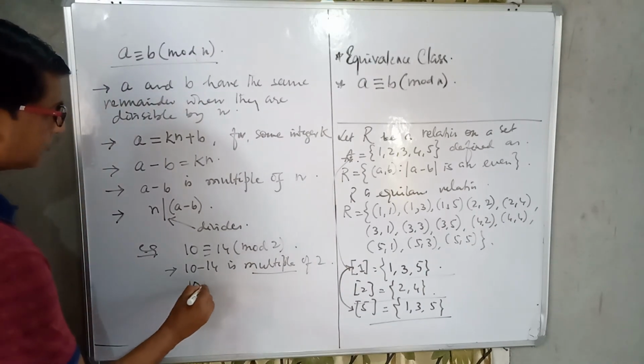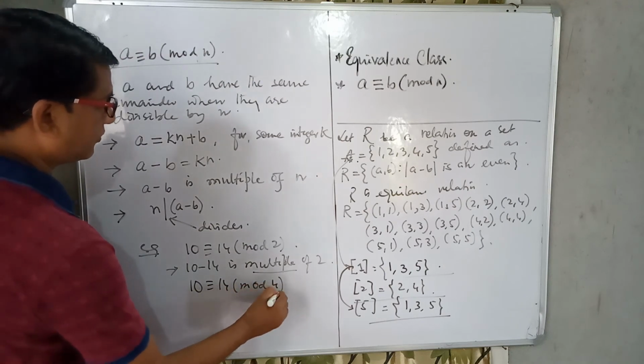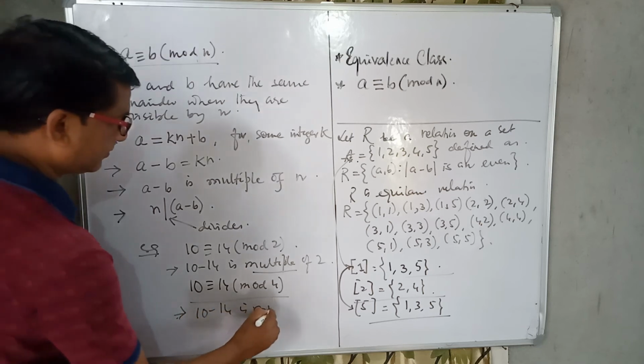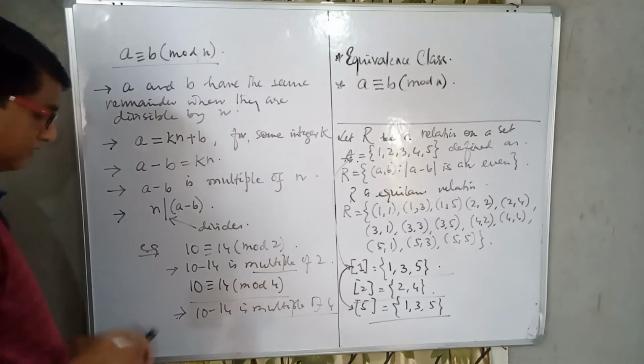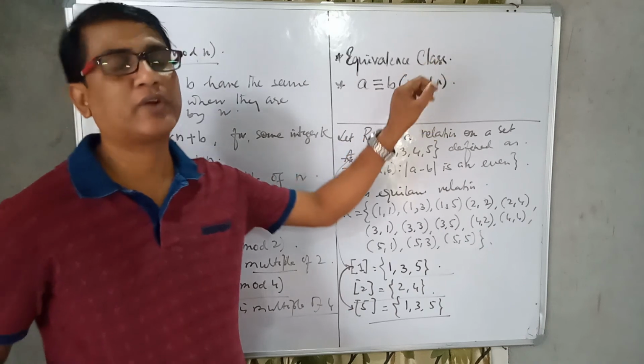We can also write 10 congruent to 14 mod 4, which means 10 minus 14 is a multiple of 4. This is the concept of equivalence class and a congruent to b mod n.